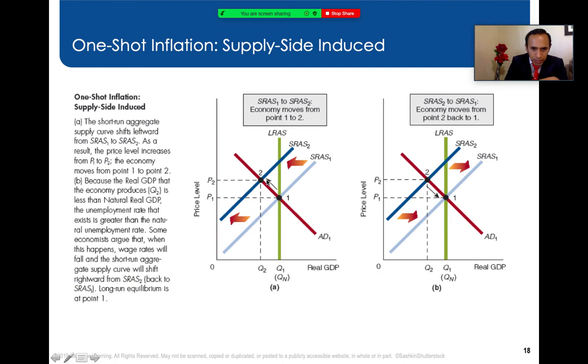Now, what can be done? Typically, when the supply of goods declines, that's indicating that there's less availability of inputs, or something's happening in the production process that is cutting the supply and is pushing price levels up.